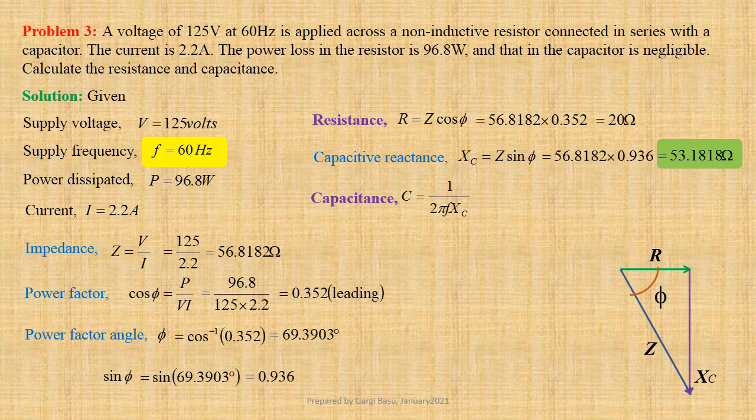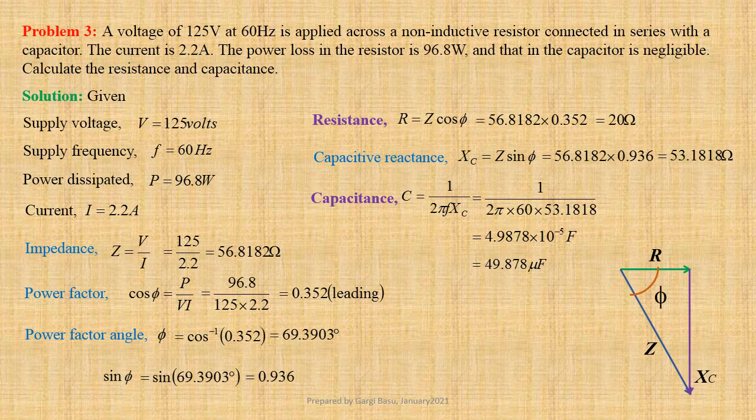Putting values we get 1 upon 2 pi into 60 into 53.1818, that gives us 4.9878 into 10 to the power minus 5 farad, that is equal to 49.878 microfarad.